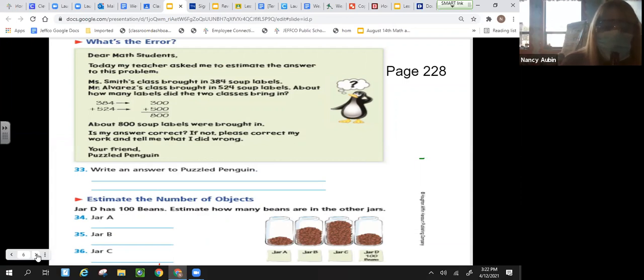Mr. Alvarez's class brought in 524 soup labels. About how many labels did the two classes bring in? About 800 soup labels were brought in. Is my answer correct? If not, please correct my work and tell me what I did wrong. Your friend, Puzzle Penguin. So first tell him whether he's right or wrong.